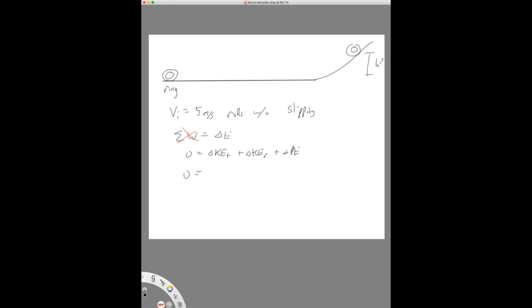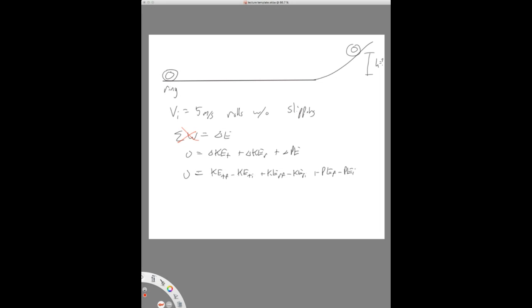And all of those are going to change because at the end it's going to stop. That's how we know we're at the highest point. So we will have KET final minus KET initial plus KER final minus KER initial plus PE final minus PE initial.